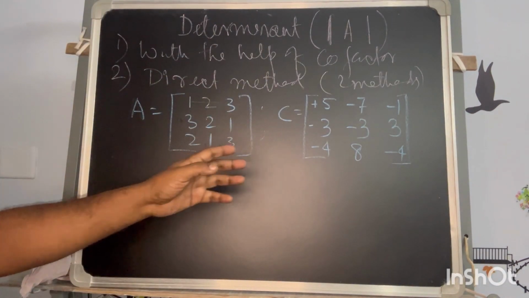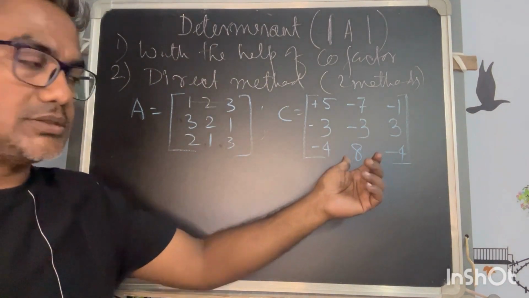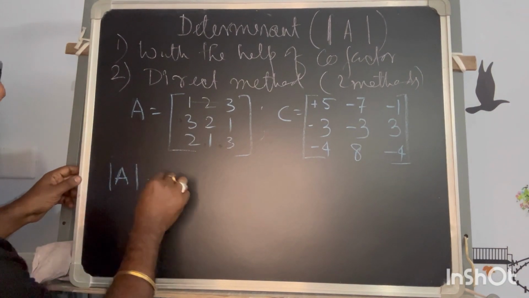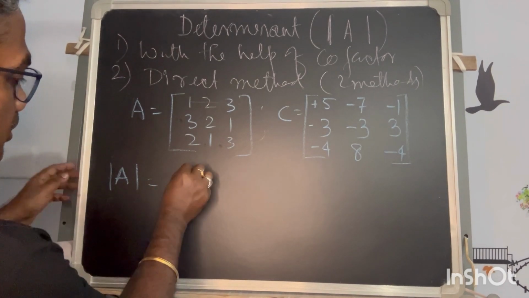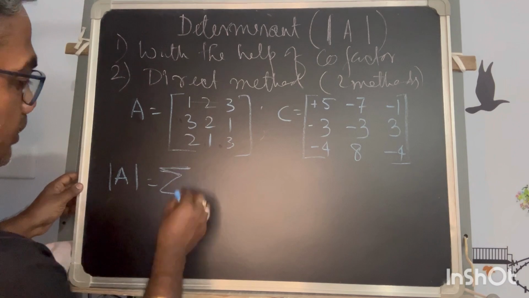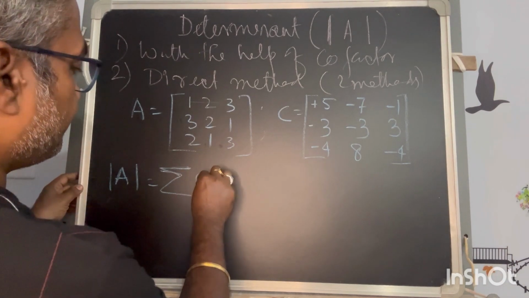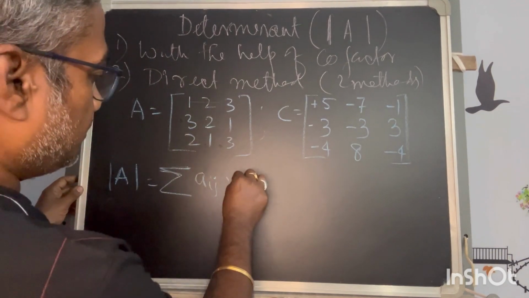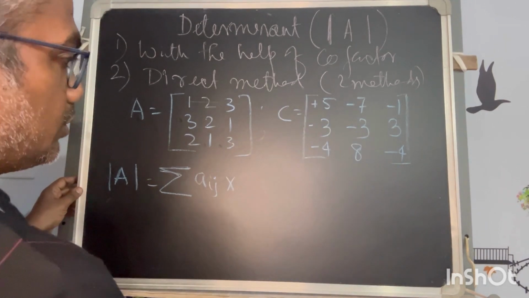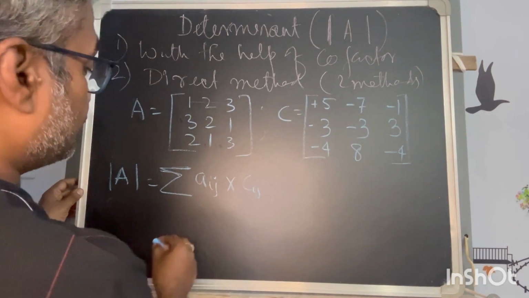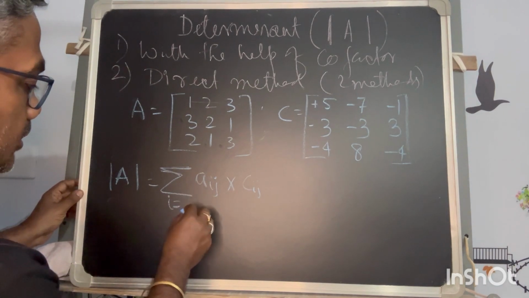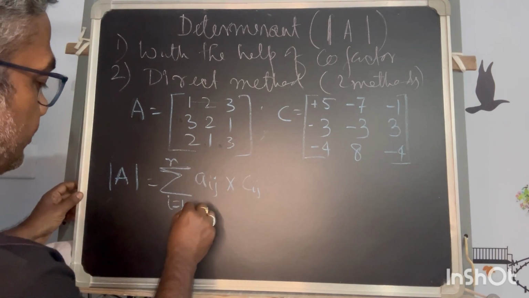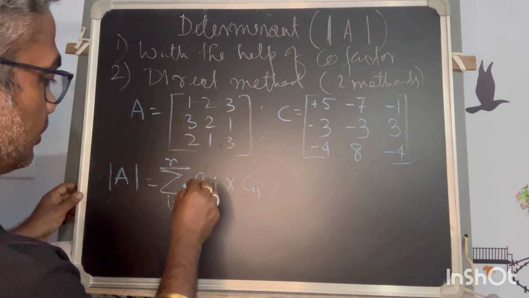Okay, now once I get the matrix with the cofactors, my determinant is defined as the summation of all the elements of matrix A, when we multiply with the relative cofactor of this, where either i varies from 1 to n, if it is of order n, this is the generalized form I am writing, or j varies from 1 to n.